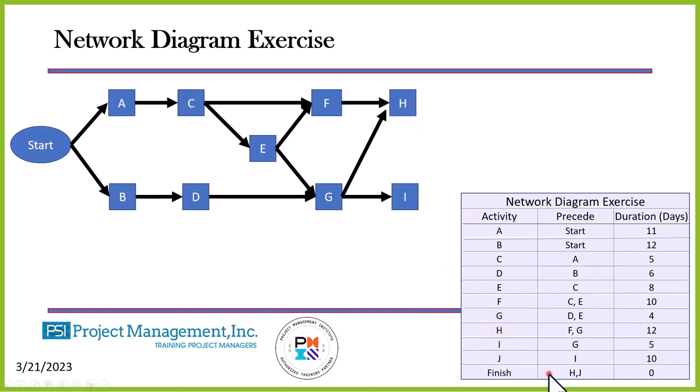H precedes finish, and then I have J that also precedes finish. What does I precede? You can see I precedes J, and then those two precede finish. Step by step, we go through and we determine the actual sequence of the activities.